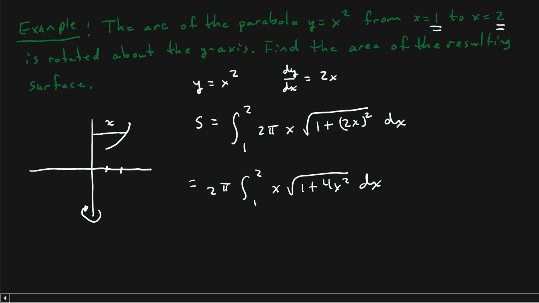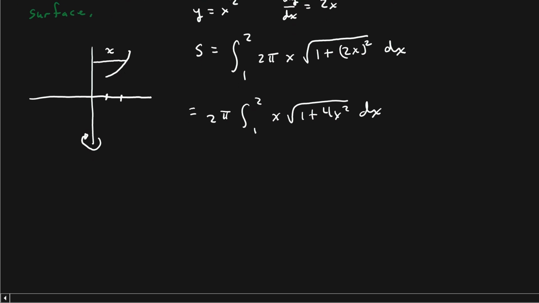All right, so now to integrate this thing, we've got u substitution. We're going to let u equal 1 plus 4x squared. Du is 8x dx. So now you can see we're going to replace the 1 plus 4x squared with u, and then the 8x dx.